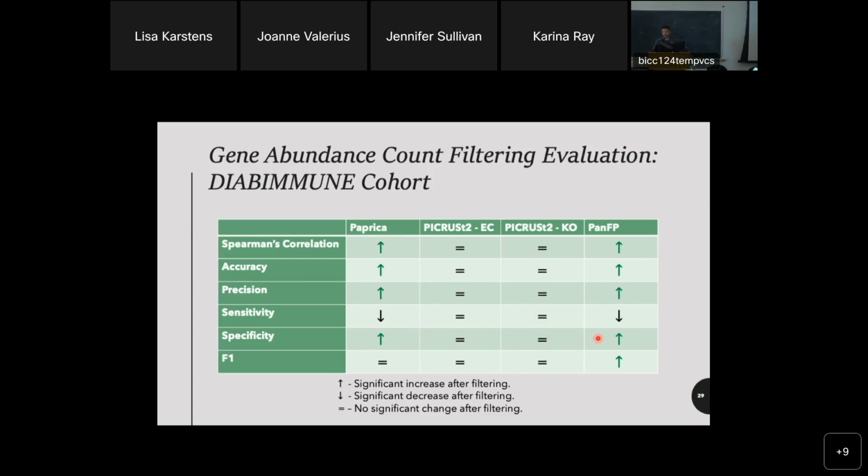And this decrease was reflected in an increase in the true negative counts for both Paprika and PANFP, where essentially all of the occurrences of false positives were transferred to true negatives. And these results indicate that gene abundance count filtering effectively improved performance by removing potentially spurious results.